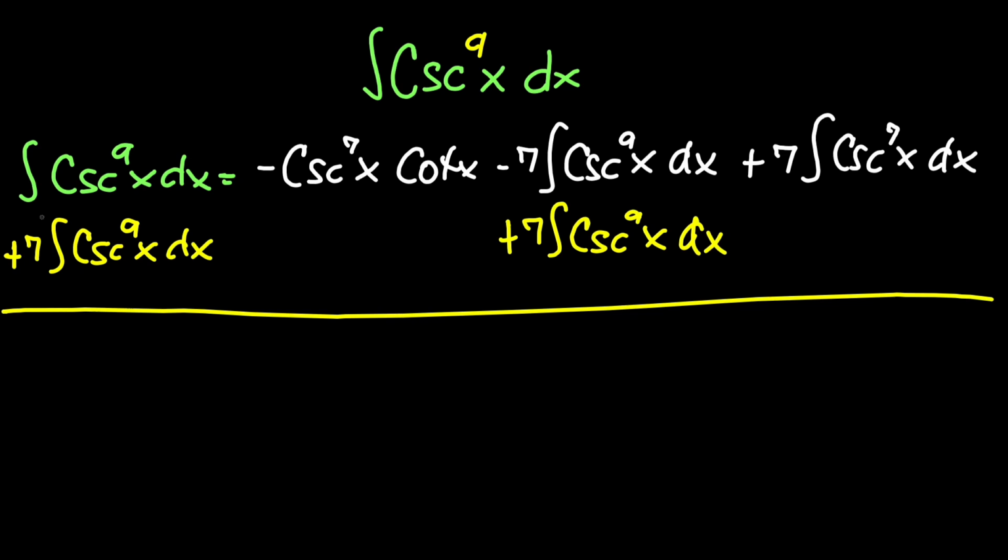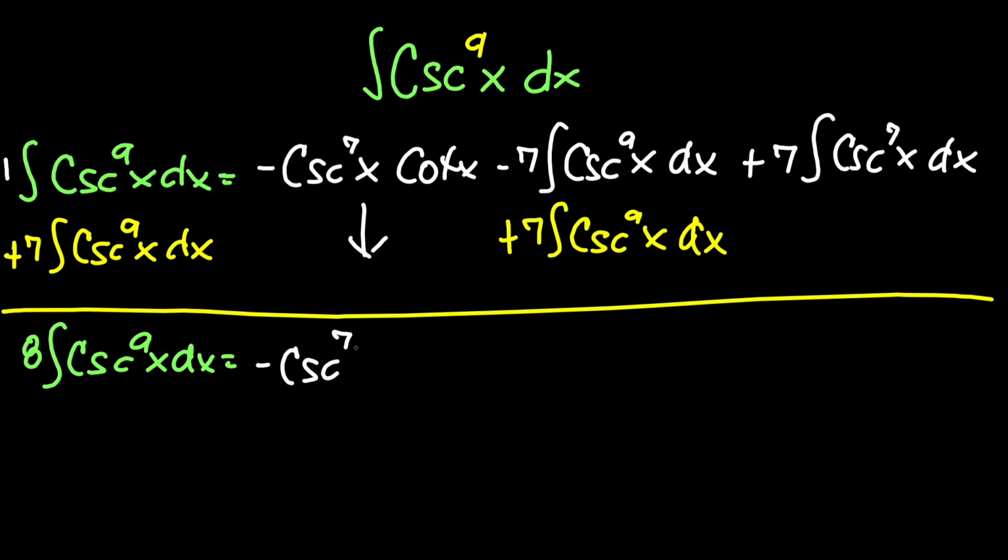So for this one, 1 plus 7 would be 8. Integral of our original problem would be equal to, bring this down first. And for this one, it would be equal to 0. And what you have left here would be this one. So just bring it down again.